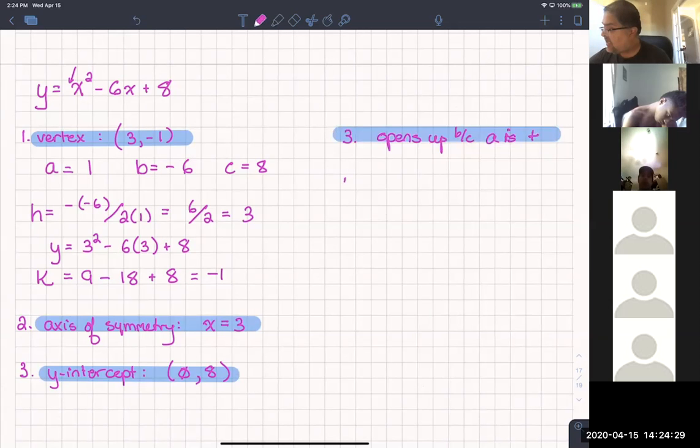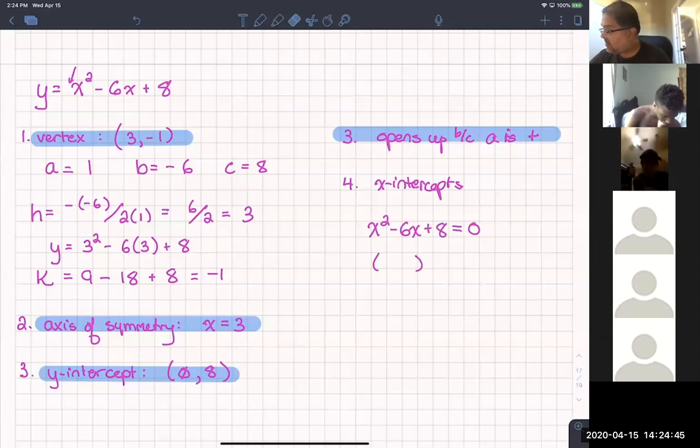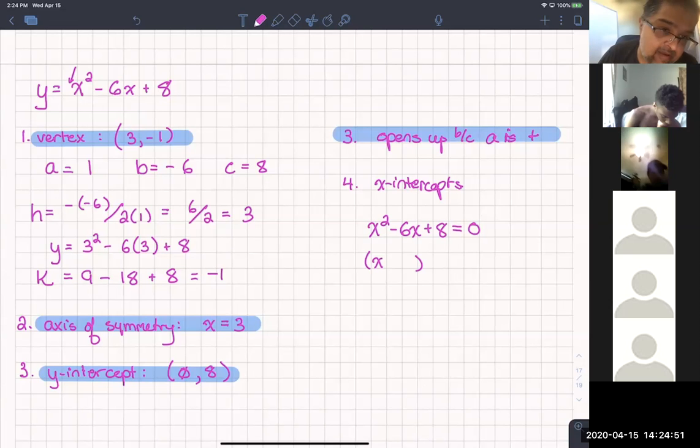Now, the last thing is finding the x-intercepts. So we're going to solve this equation to find the x-intercepts. So we have to factor. So two numbers that multiply to give me +8, but add to give me -6. -2 and -4.